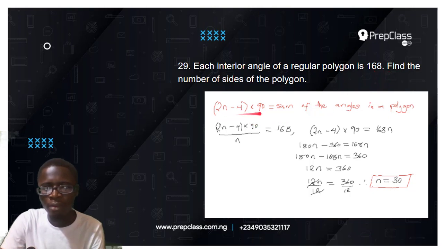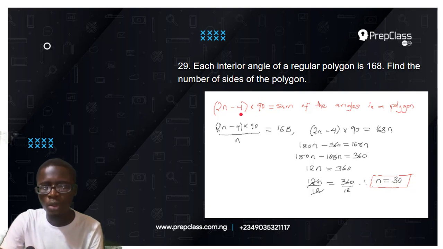So using the general formula for calculating the sum of angles in a regular polygon: if you have a regular polygon, all the interior angles have equal values. And to calculate the total, this is the formula you need to use, which is 2n minus 4 times 90.